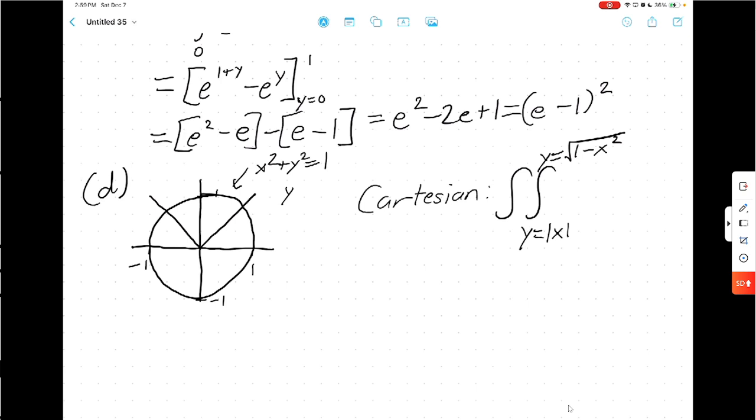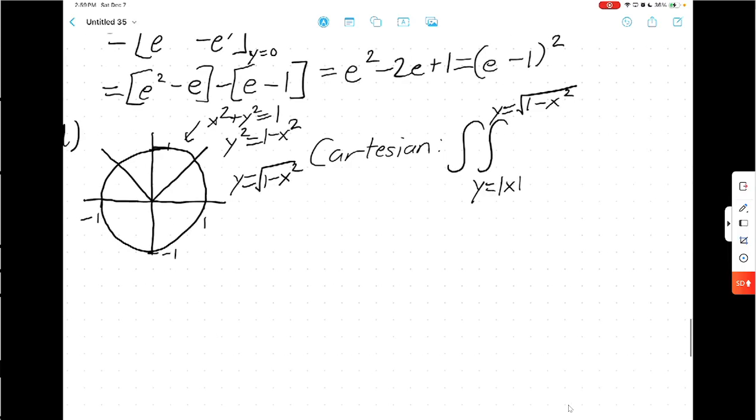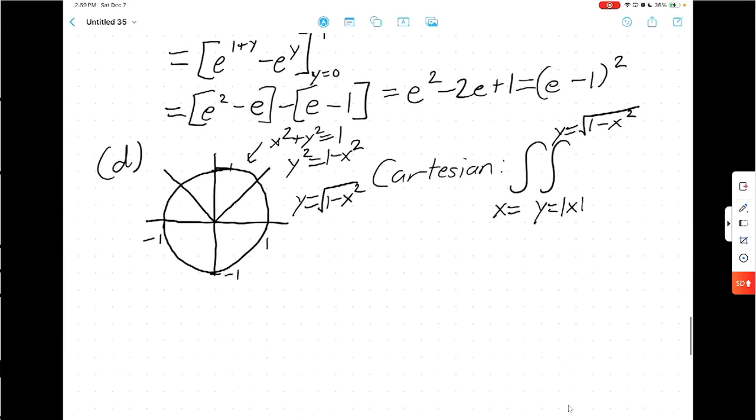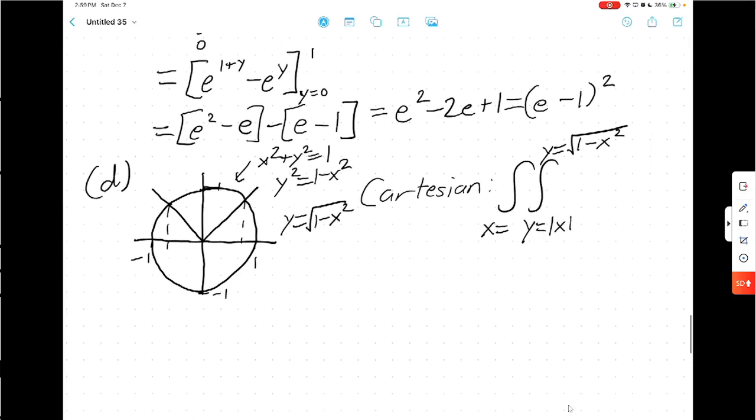Y squared is equal to 1 minus x squared. And then we can ignore the negative because this entire thing is confined in the first and second quadrants where y is positive. And then we'd essentially just find where the intersection point is between the two.